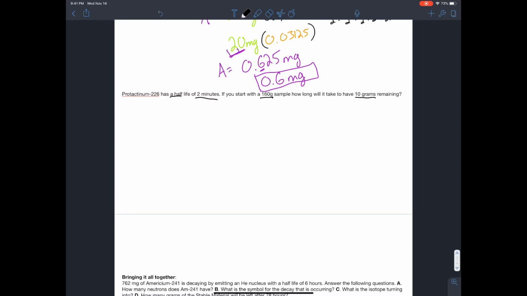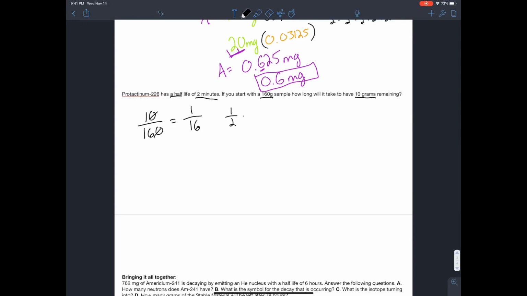So first of all, let's find out what fraction of the sample is going to be remaining. So if I do 10 divided by 160 to see how much I have left, that is 1 over 16, right? Because the zeros just cancel. 1 over 16. Okay, and 1/16 you might already know, but let's do it out.